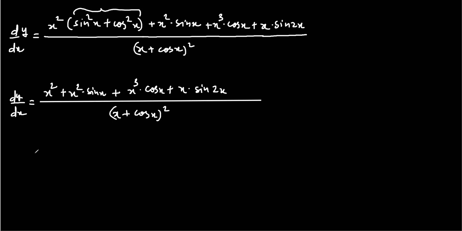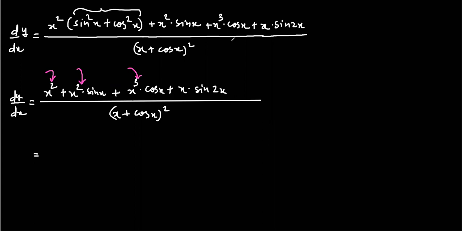So if I take x square common from this, I will get x square common. So 1 plus sine x I will get. So what I do here is I take x square common from these three terms. Okay, because here I have got x cube.